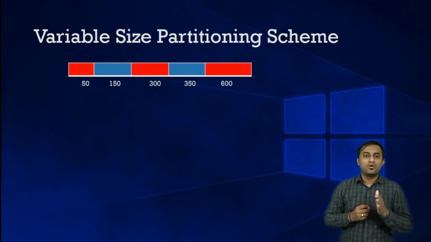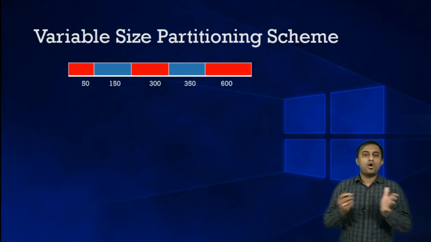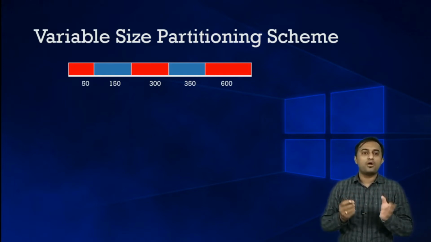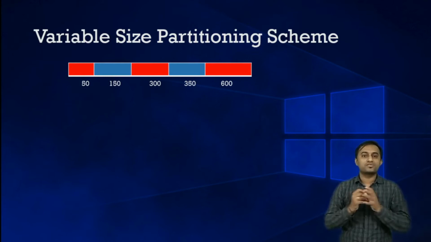The block which requires 50 KB size, the block which requires 300 KB size, the block which requires 600 KB size, represented in red color, are already occupied. So what are the available blocks we have?